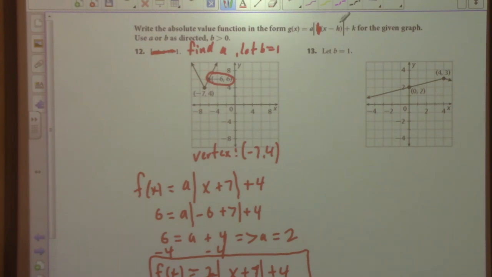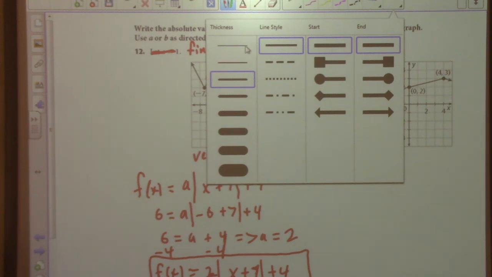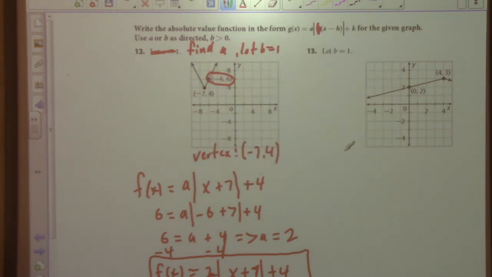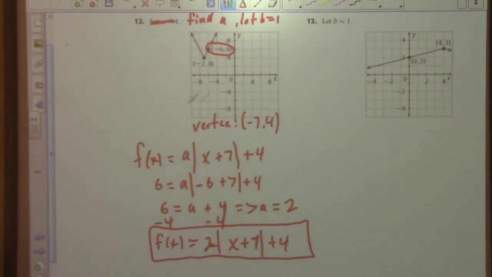Okay, so this one here, 13, how do we start this one out? Our vertex is going to be 4, 3, right?